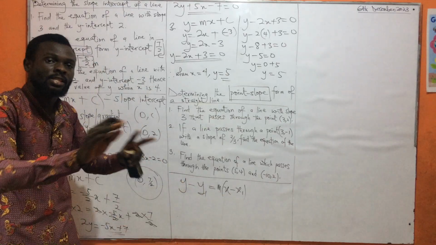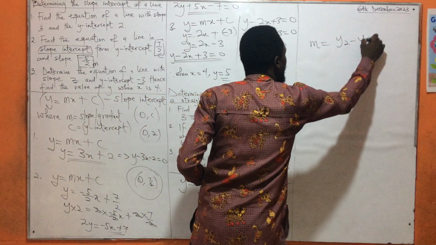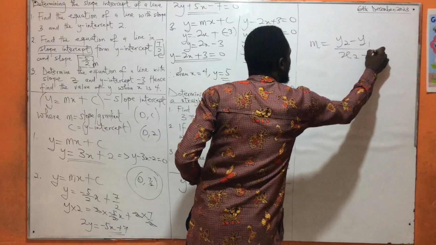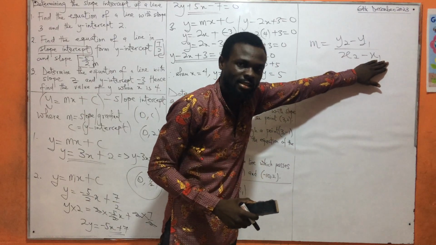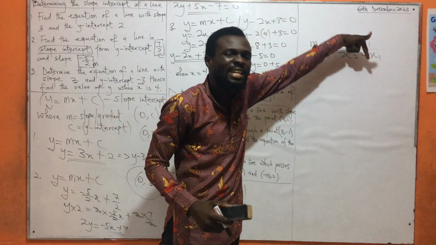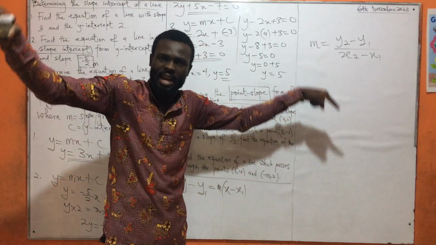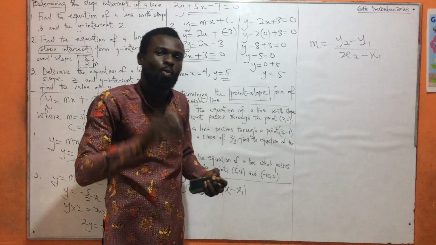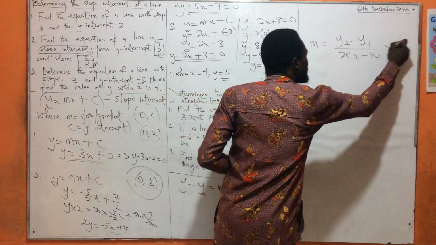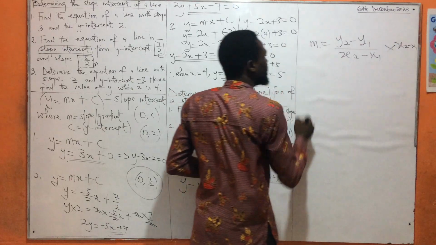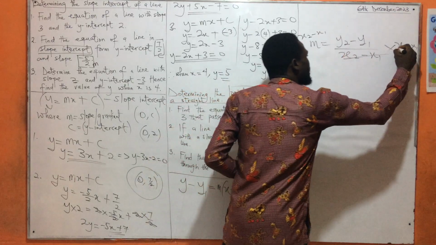This formula was derived simply from the gradient of a line. We were told that when we are finding the gradient of a line, it is given as this. So if the gradient of a line is given as this, then out of the gradient of the line, I can find the equation of a line when I'm given the gradient and one point. So we multiply this by x2 minus x1 and multiply the other side too by x2 minus x1, so this one will cancel out.